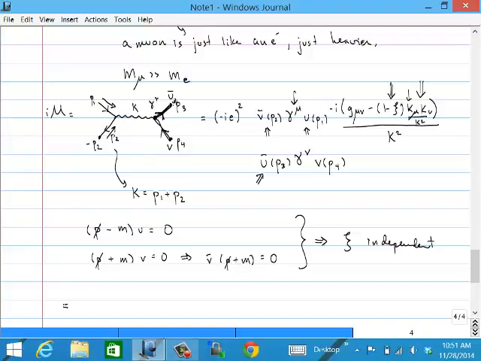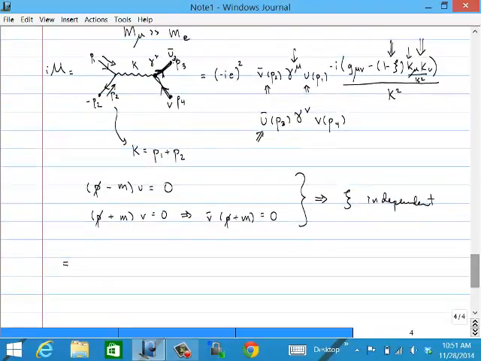So that means that you can simplify our expression a bit. So what do you get? You get e squared over k squared, otherwise known as s, the Mandelstam variable, and you get V bar, I'll just use a subscript to denote the P2, so V bar 2 gamma mu U1, times U bar 3 gamma mu V4.